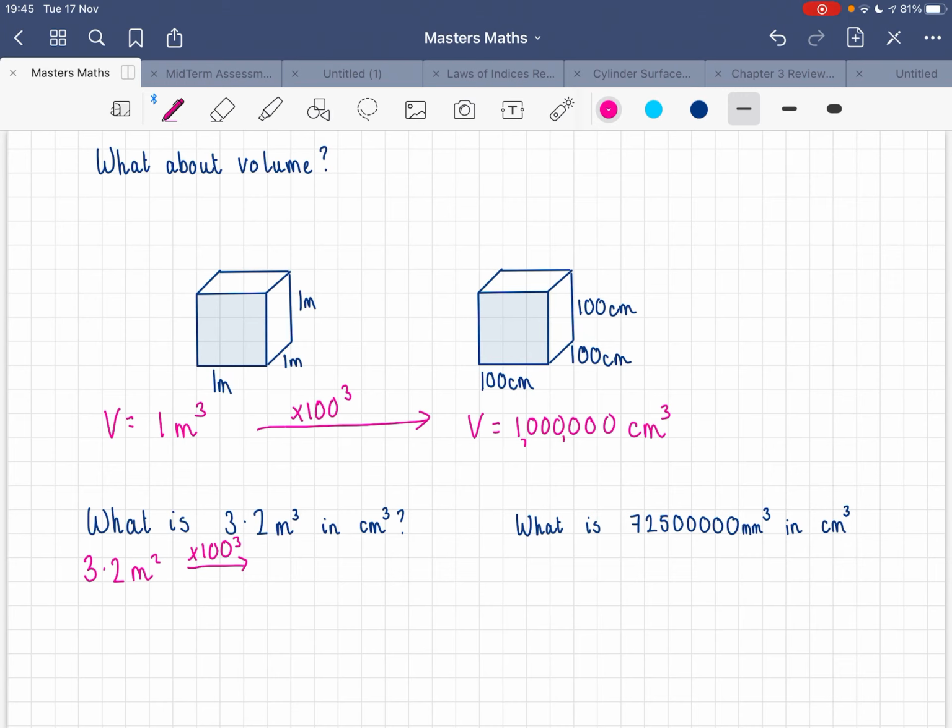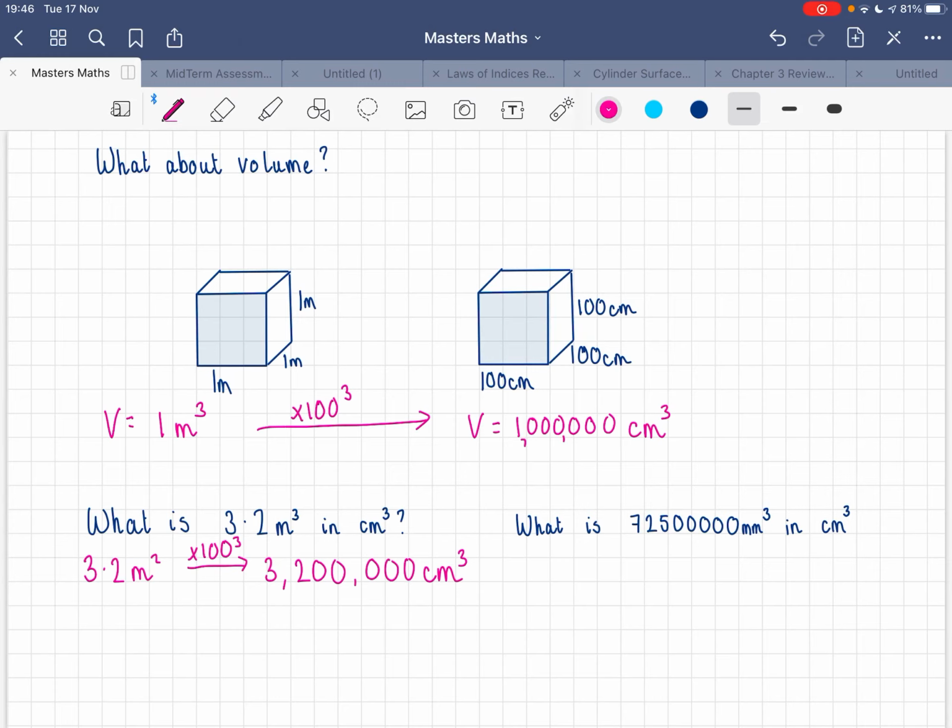Okay, so we are multiplying 3.2 by 100 cubed, which, moving our decimal place 6 times, would be 3,200,000 centimeters cubed. Obviously you can type that on your calculator. I'm just trying to do it in my head whilst I go through the video. 3.2 times 100 cubed, we're moving our decimal point 6 times, which gives you 3,200,000 centimeters cubed.